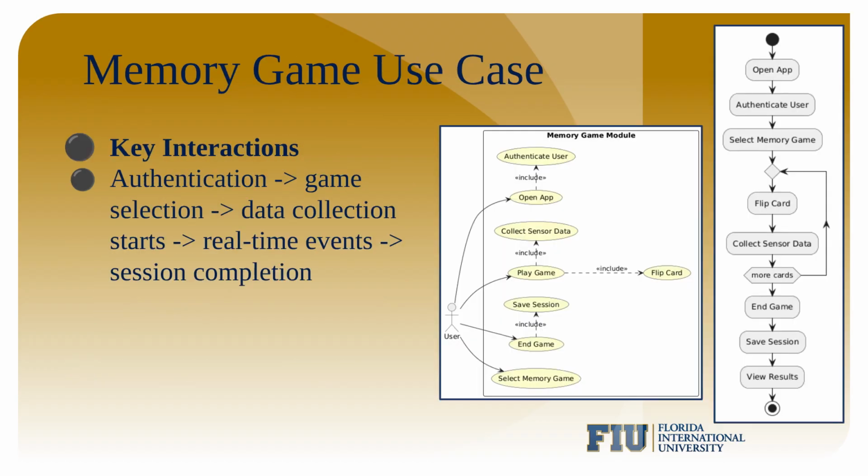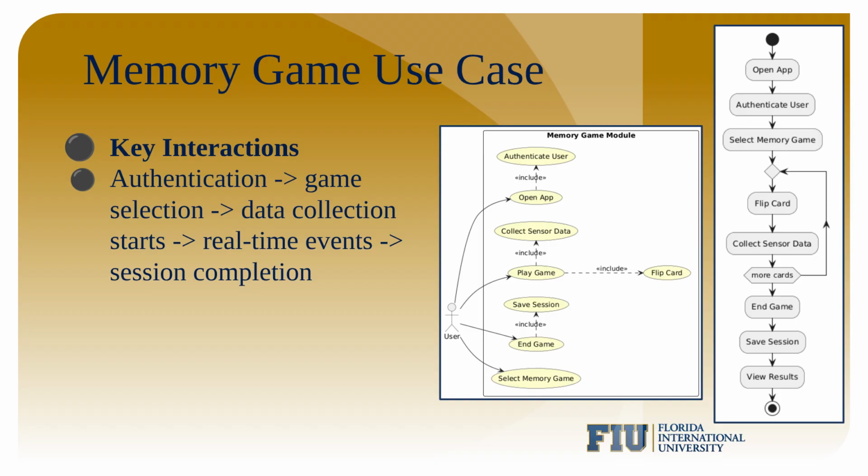These are 2 UML diagrams of our memory game. Essentially, the image on the left shows a use case where the user has opened up the game and is deciding all the options that they have to use the application.